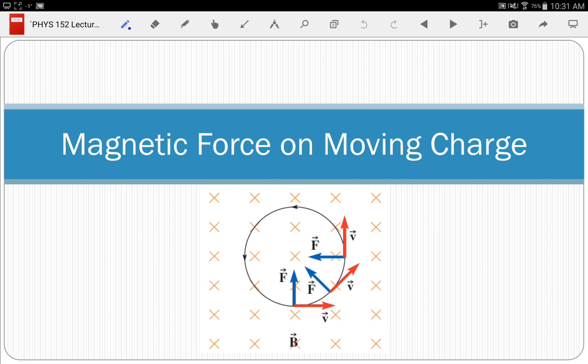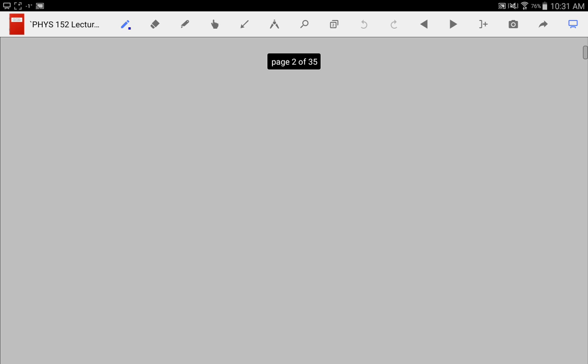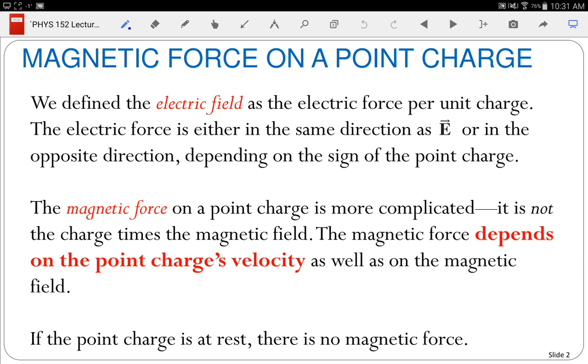Magnetic force. I actually have a picture to go with this and everything. We're going to talk about the forces caused by magnetic fields. First we talked about the electric field, then the magnetic field, and I said the magnetic field was more complicated than the electric field as it relates to force. It causes a torque.